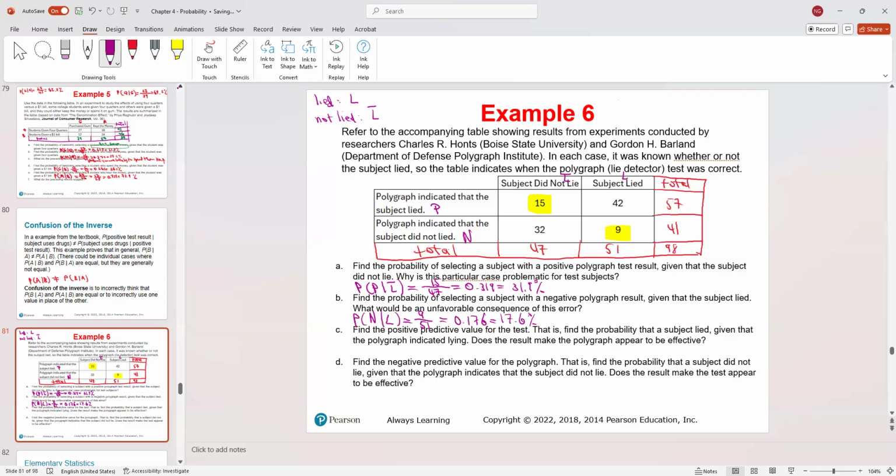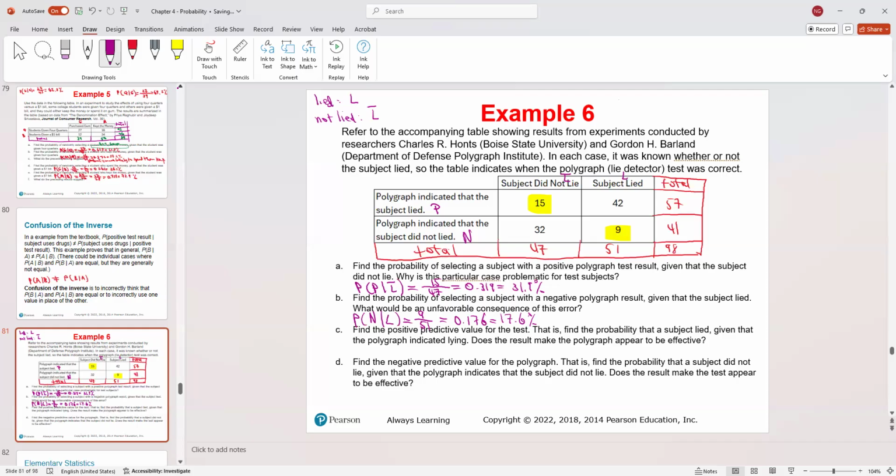Find the probability. Find the positive predictive value for the test. Okay. Find the probability of predictive values for the test. And that means it's positive.